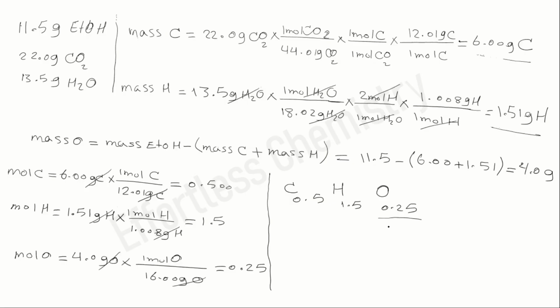So we will divide all of them by 0.25, and the results of the final division would be like that. I will write here: C2H6O.